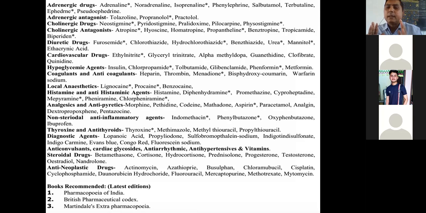Pharmacology means uses, side effects, applications, as well as dosage forms, pharmaceutical marketed dosage forms, names of a few popular marketed dosage forms, that we will discuss in this list. So I think you got the point.